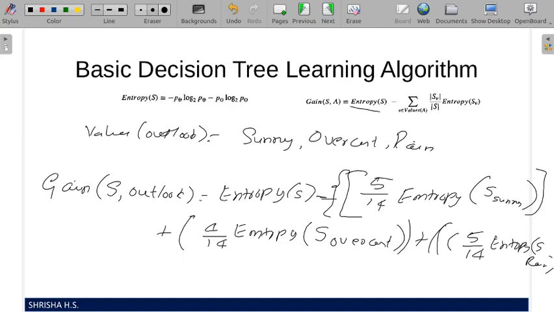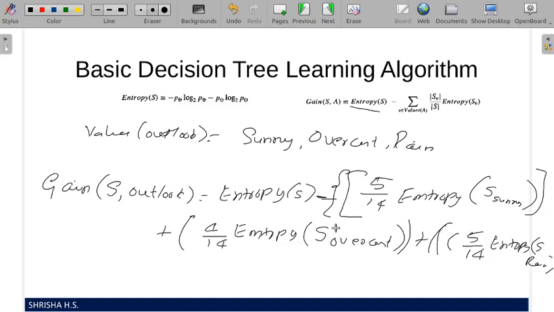Next is 4 by 14, 4 overcast instances out of 14, times the entropy of the overcast instances, and also there are 5 instances where it is rain, so 5 out of 14 multiplied by the entropy of the instances where outlook is rainy.